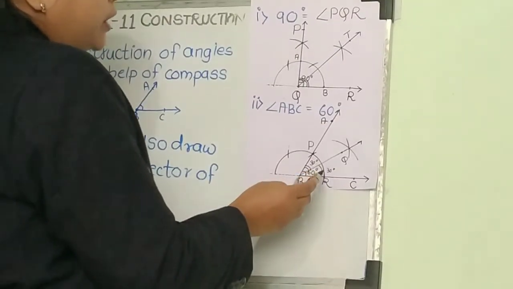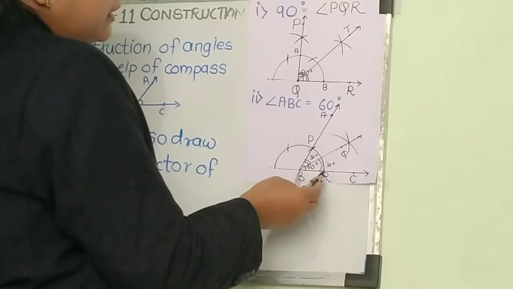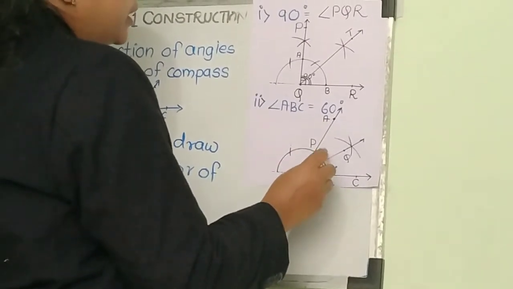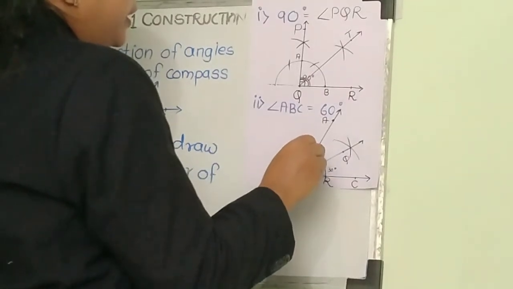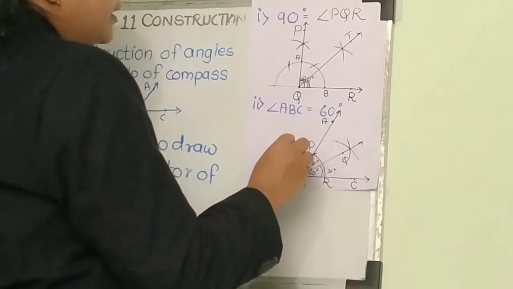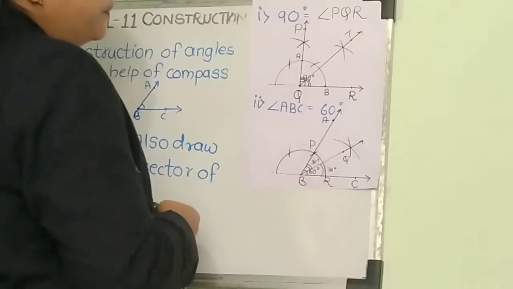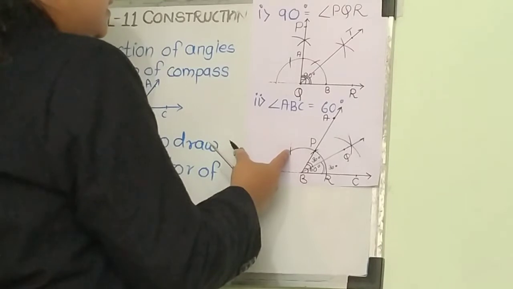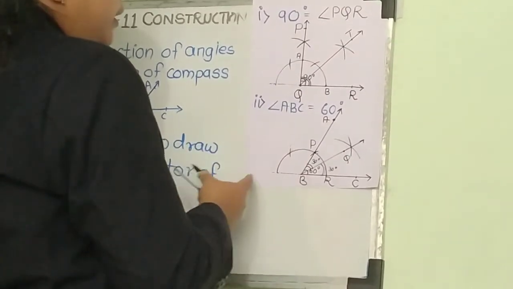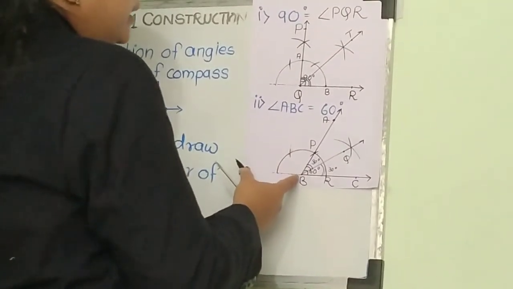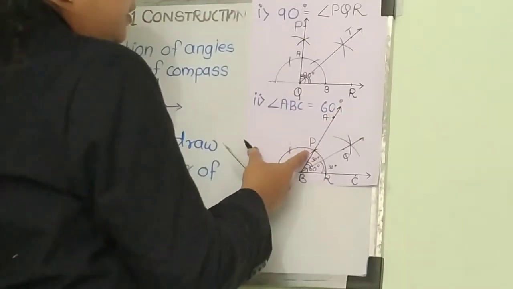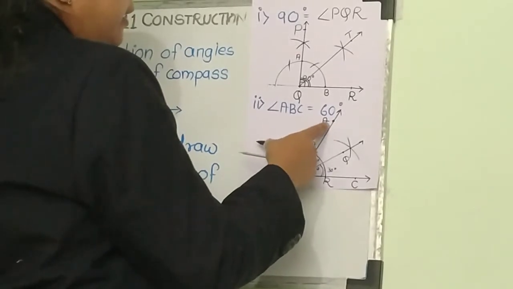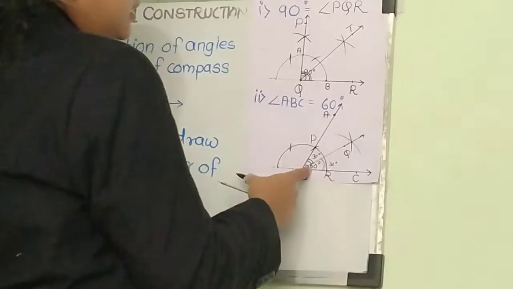How much radius you took for drawing the half circle, that much radius you are going to take, and from point R we are going to draw the arcs. Two arcs will be there. So here we get the first arc, it is 60 degrees, and the second arc is 120 degrees. So we can draw directly now the ray passing through this arc. So we get the required angle ABC of 60 degrees.